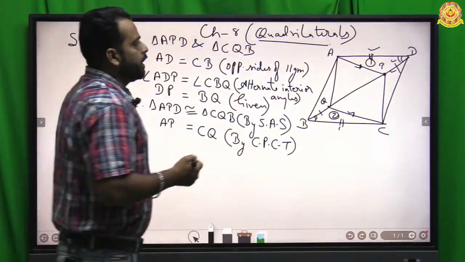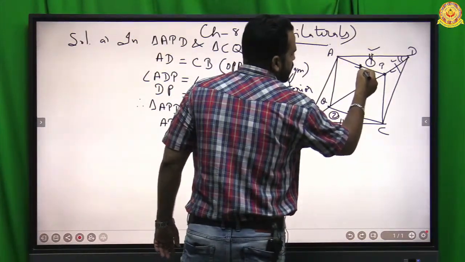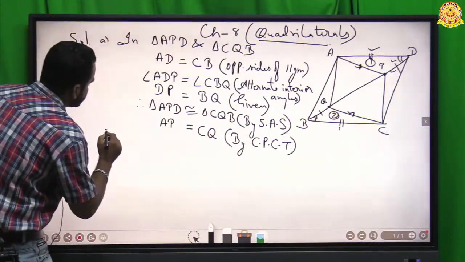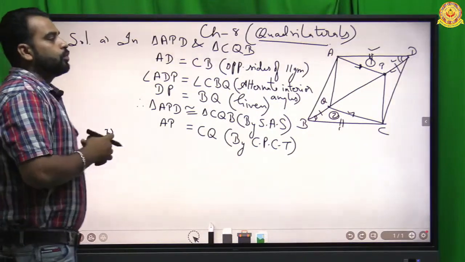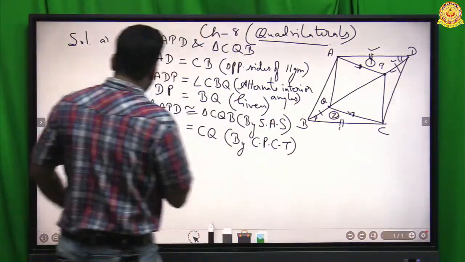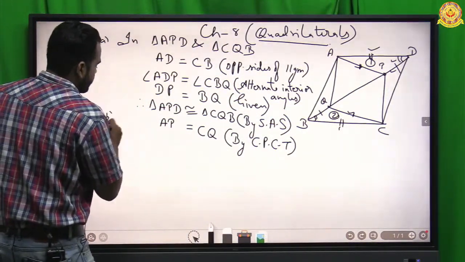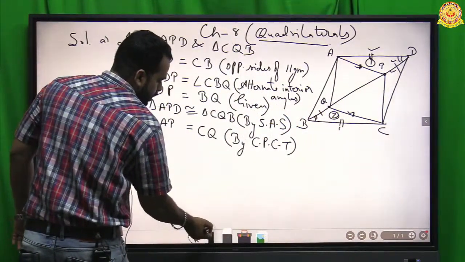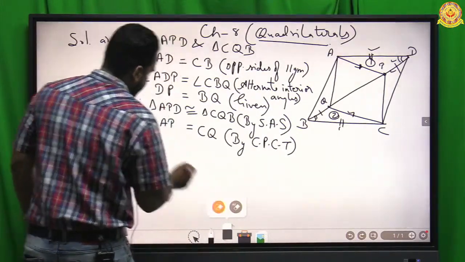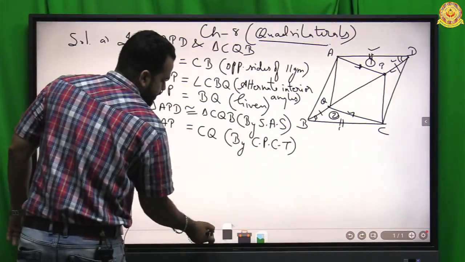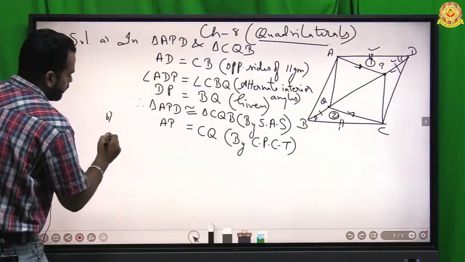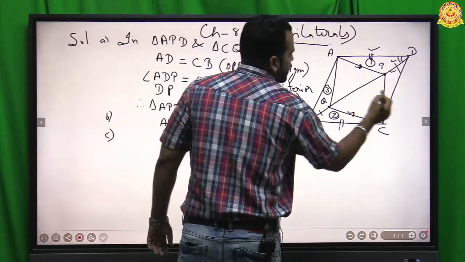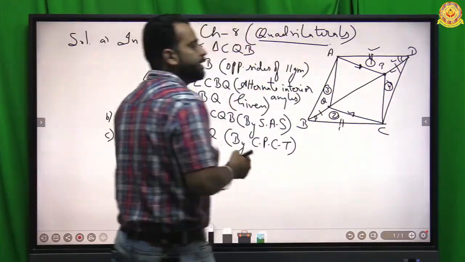Okay. Now, if these sides are equal, we are going to do the second part. We have already proved here that AP is equal to CQ by CPCT. So now we are taking the third point, which is to prove that this triangle number 3 is also congruent to triangle number 4.